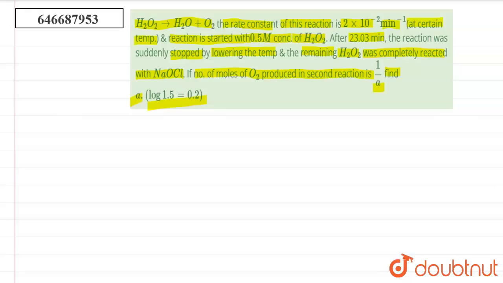Here two reactions are happening. First chemical reaction is H2O2, that is hydrogen peroxide, gives H2O plus O2. Okay, first let us balance this chemical reaction.